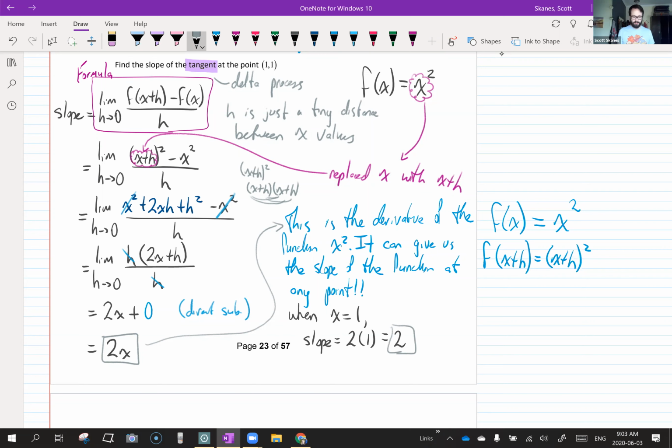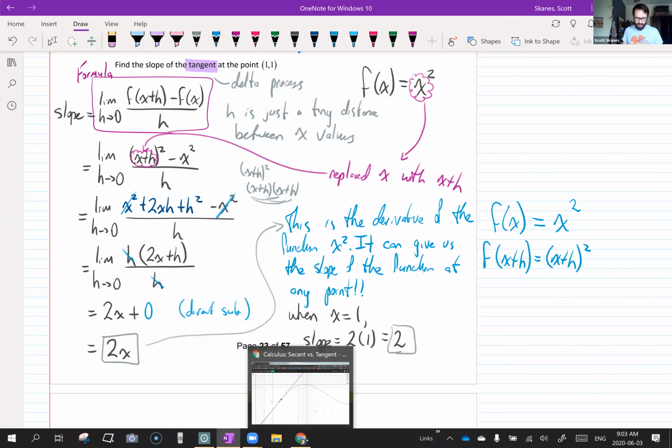It's 2. What's the slope at the point 2? It would be 4. What's the slope at the point x equals 10? It would be 20. You have a function that gives you the slope at every single point on the graph. Okay, that's hugely important. It means that we can now have any function and get the slope of it.